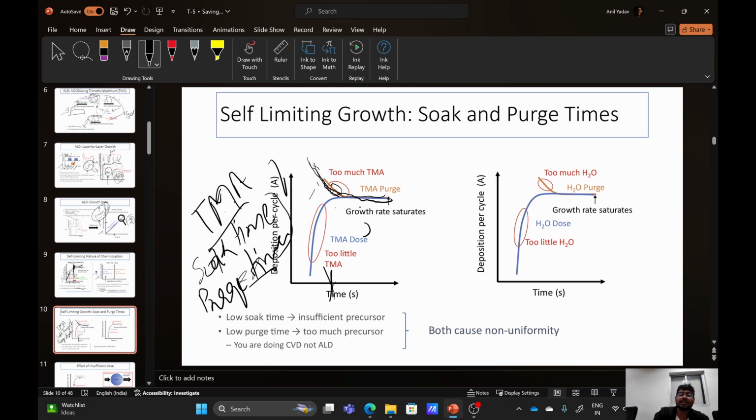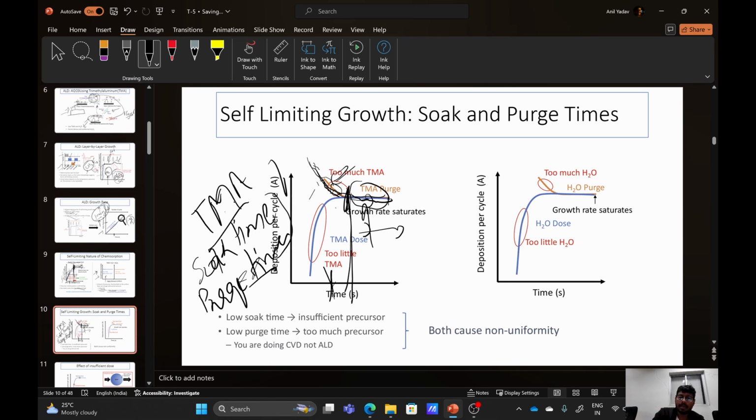At this point, this is the chemically adsorbed TMA on the substrate. So we have removed the TMA, but the purge time should be more than this, and that should be at this point only. If you increase this time, you are just wasting your time and resources.